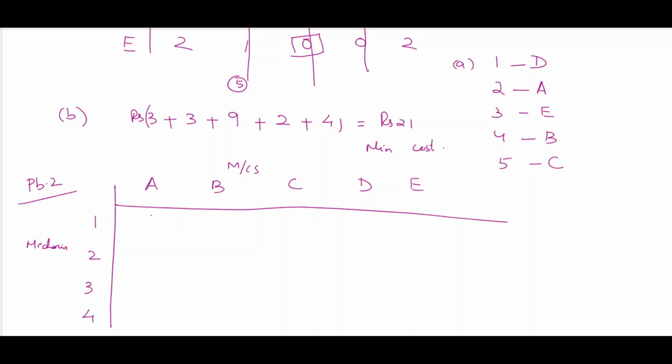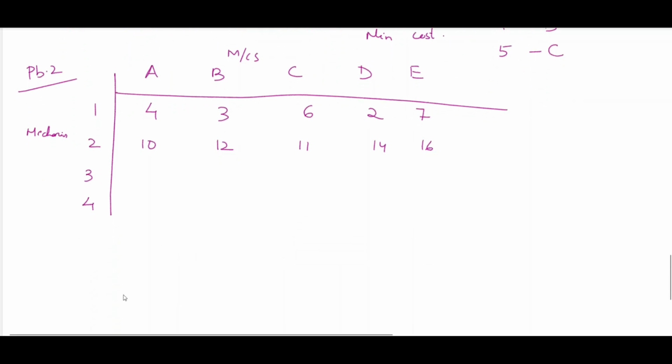The costs are 4, 3, 6, 2, 7, 10, 12, 11, 14, 16, 4, 3, 2, 1, 5, 8, 7, 6, 9, 6. So this is the problem.